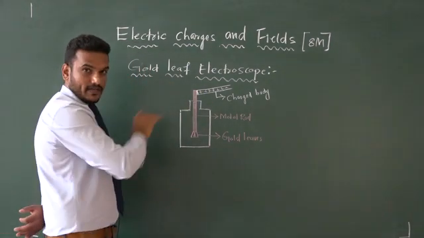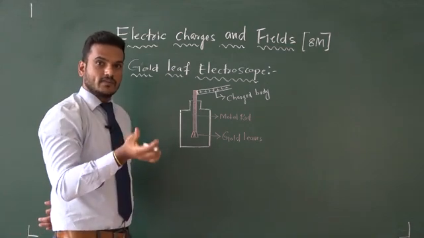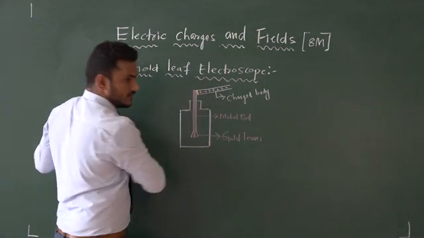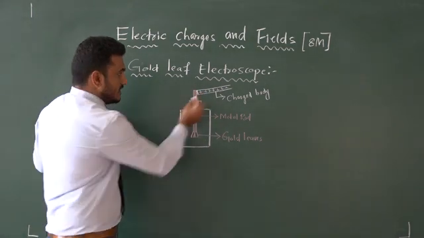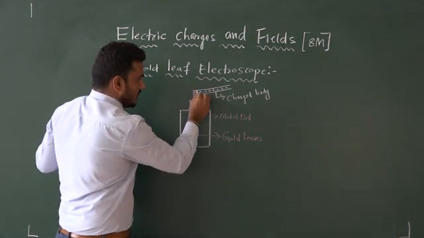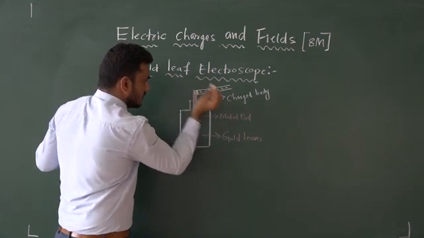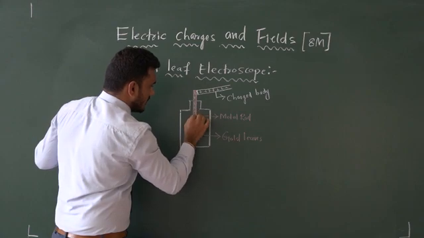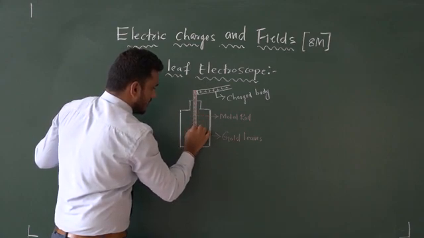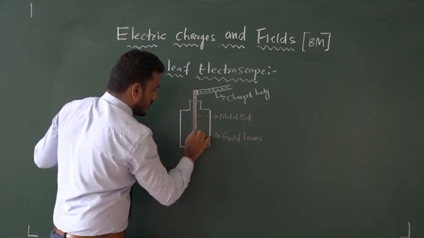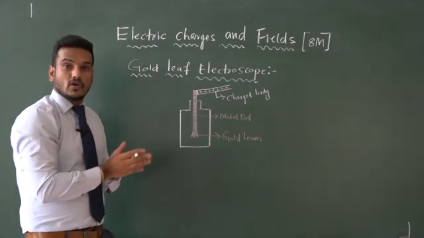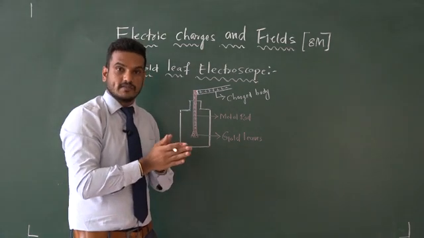As I said in the beginning, charges can transfer from one body to another on contact. So the charges in the charged body flow through the metal rod and reach the gold leaves. As they reach the gold leaves, both the gold leaves acquire the positive charge.